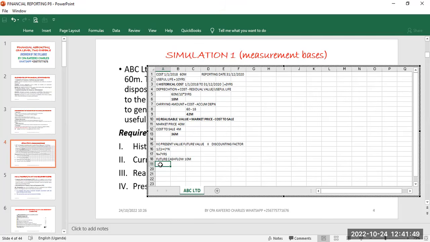So our useful life is, we got it, and we got our discounting factor as 10%.